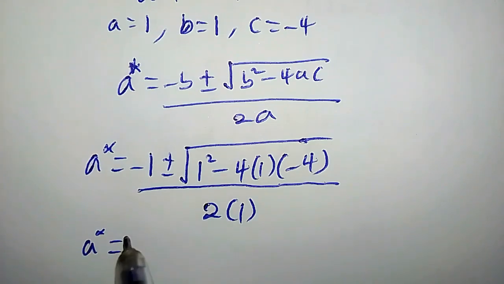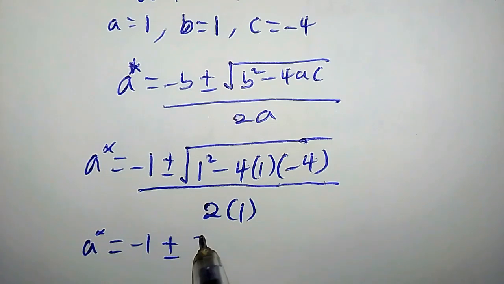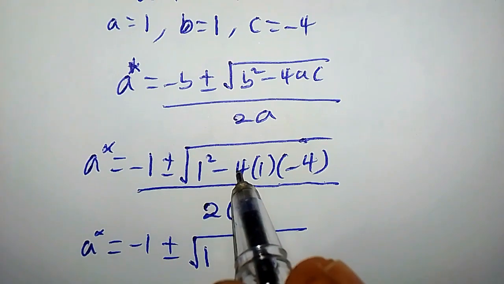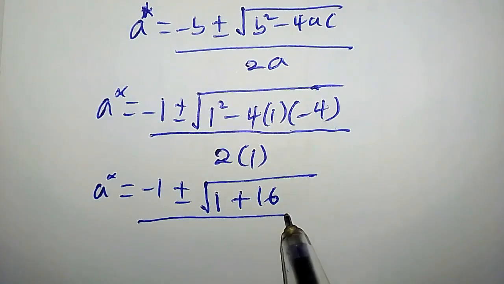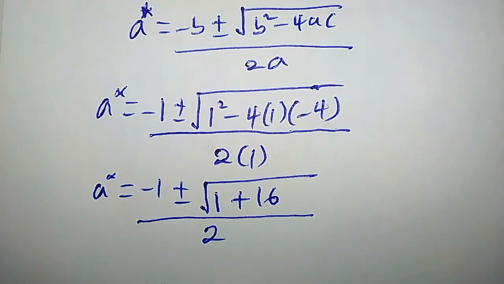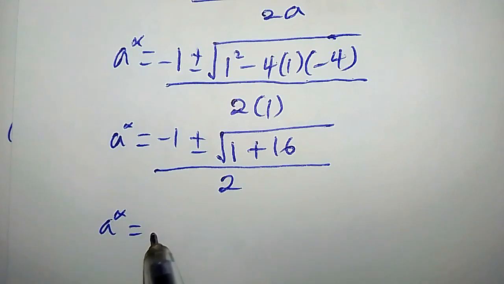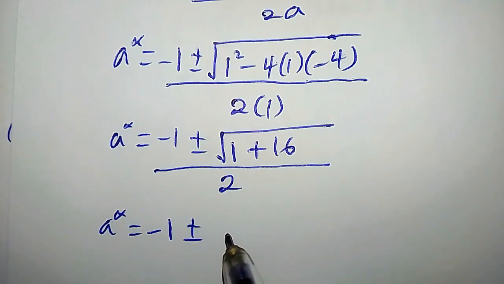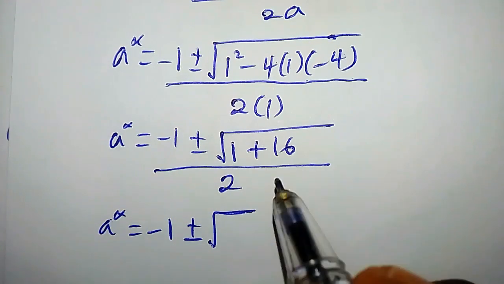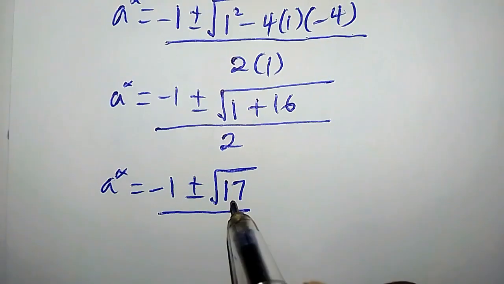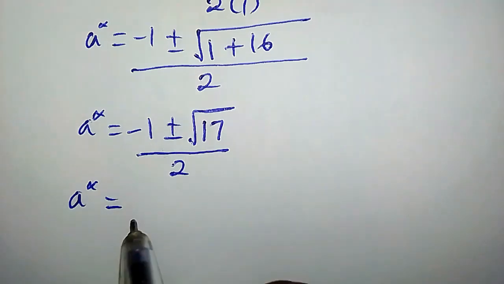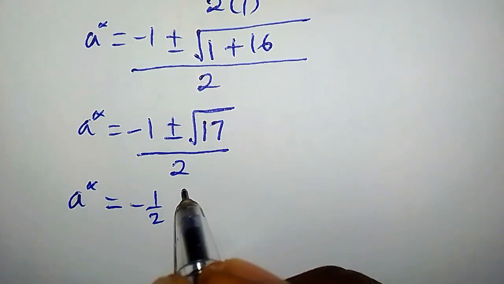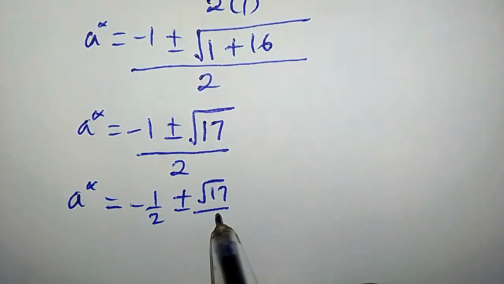A star is equal to minus 1 plus or minus square root of 1 square, that is simply 1, minus 4 times 1 times minus 4, that is plus 16, all over 2 times 1, 2. So A star is equal to minus 1 plus or minus square root of 1 plus 16, that is 17, over 2. This right hand side could be written as minus 1 over 2 plus or minus square root of 17 over 2.